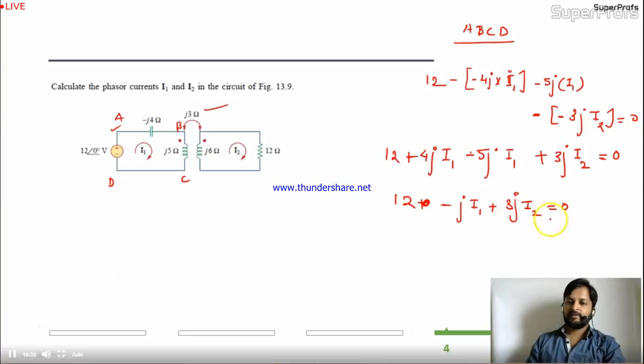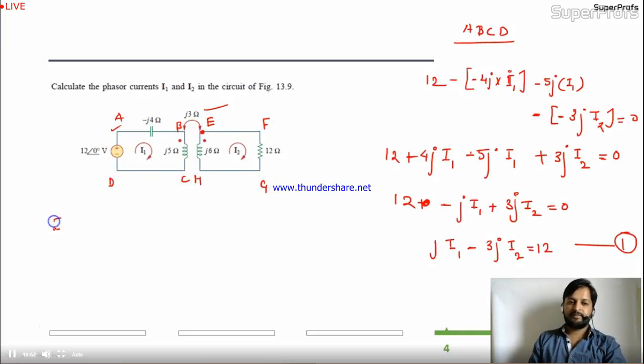So this 12 you will take to this side, and you will get finally jI1 minus 3jI2 equal to 12. Equation 1. Is it okay to you? Come to the second one. If you have any doubt, it will be cleared over here.